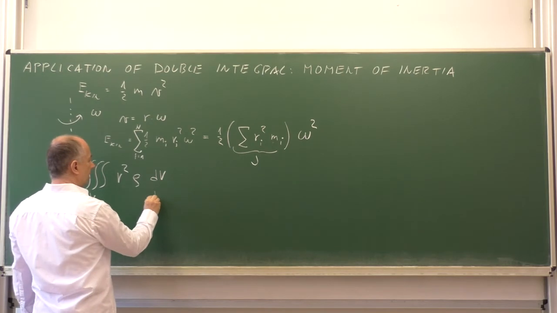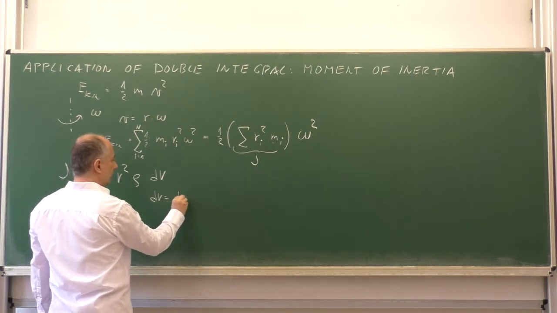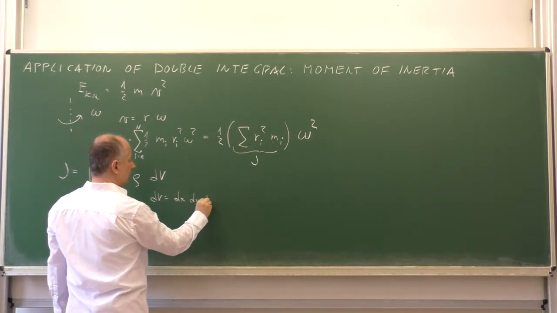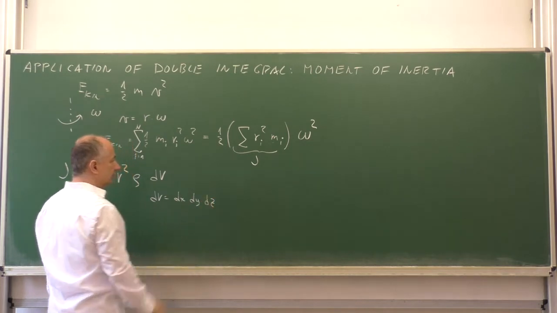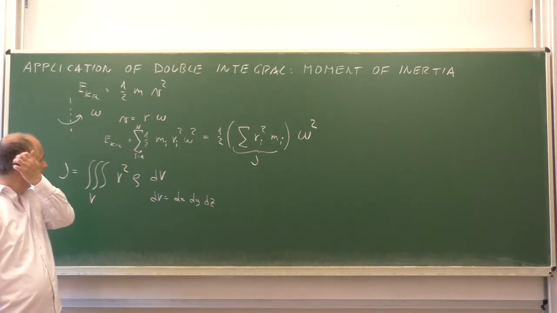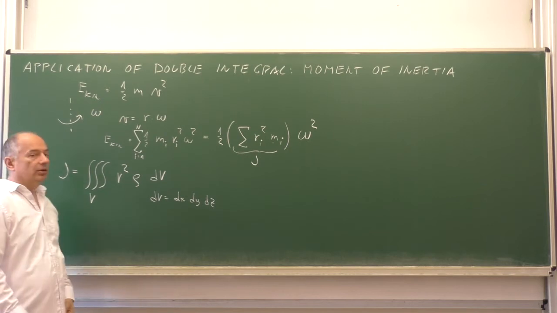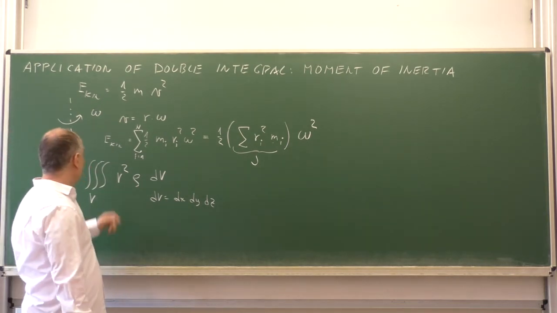Possibly the element of the volume can be written dx times dy times dz.